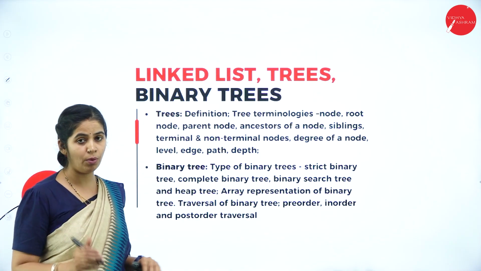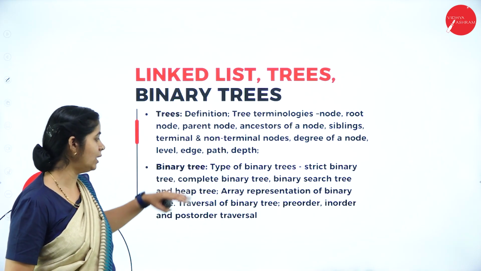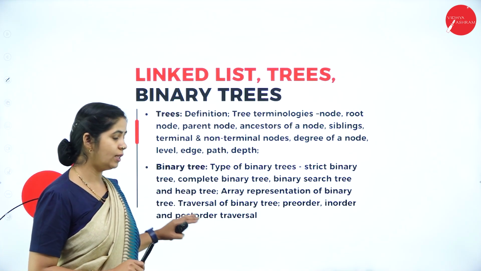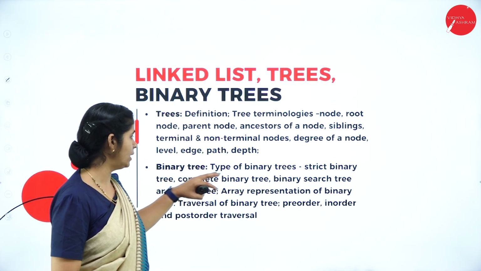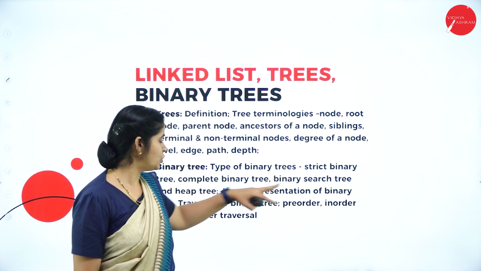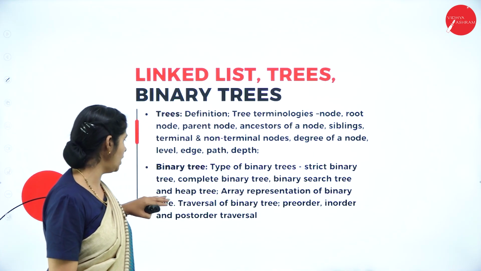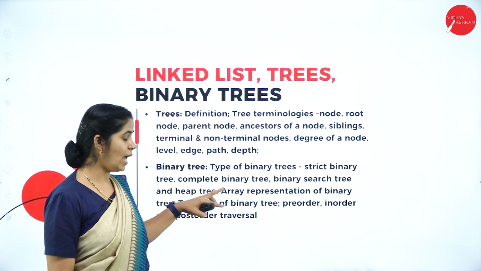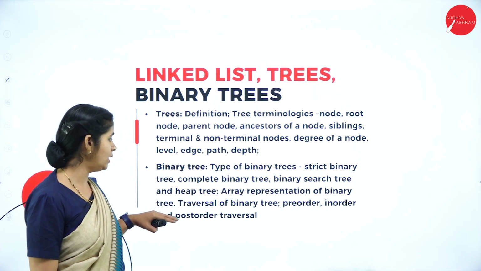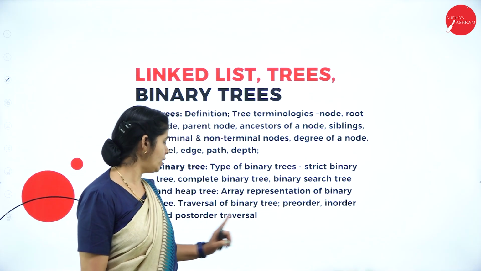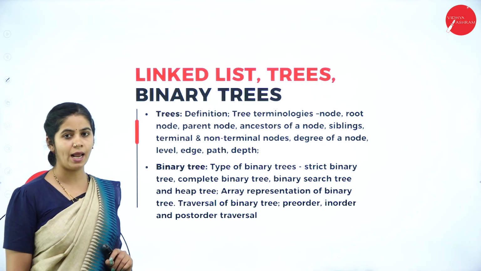Then most importantly, in the type of tree, binary tree is very important, and we are going to discuss the operations on the binary tree. Types of binary tree: strict binary tree, complete binary tree, binary search tree and the heap tree. The array representation of the binary tree, traversal of binary tree, pre-order, in-order and post-order traversal.